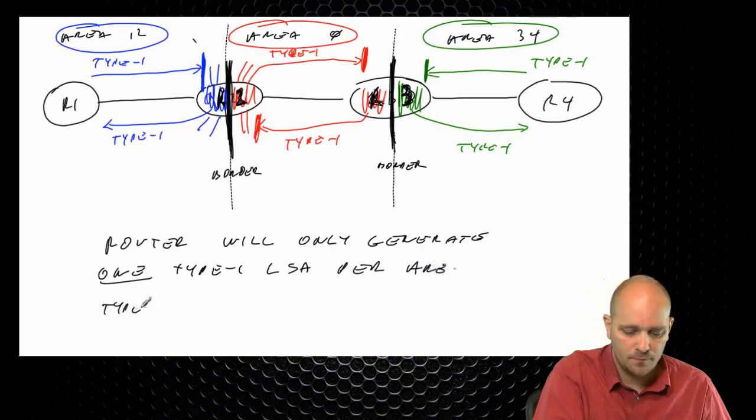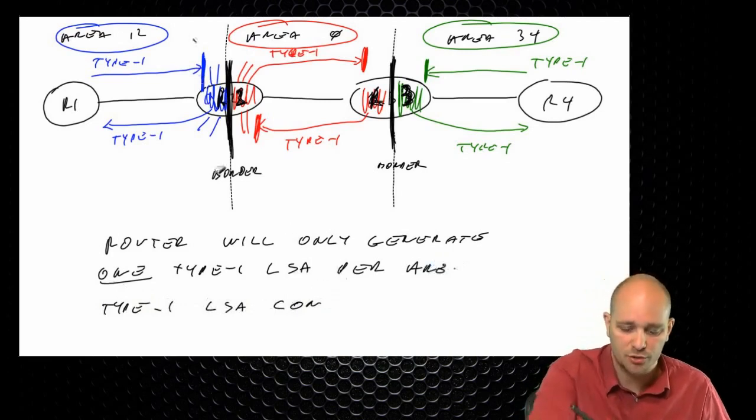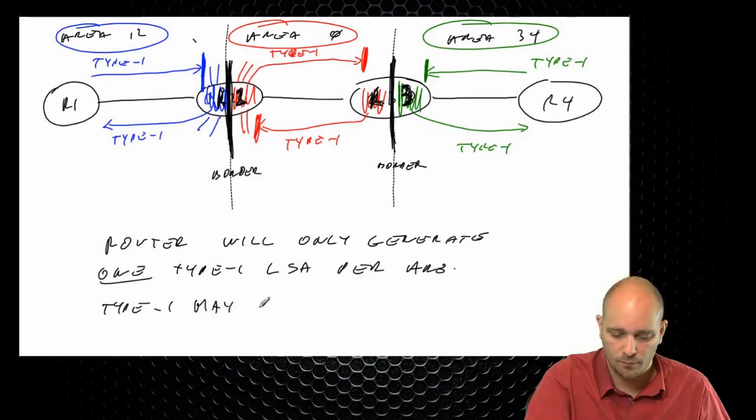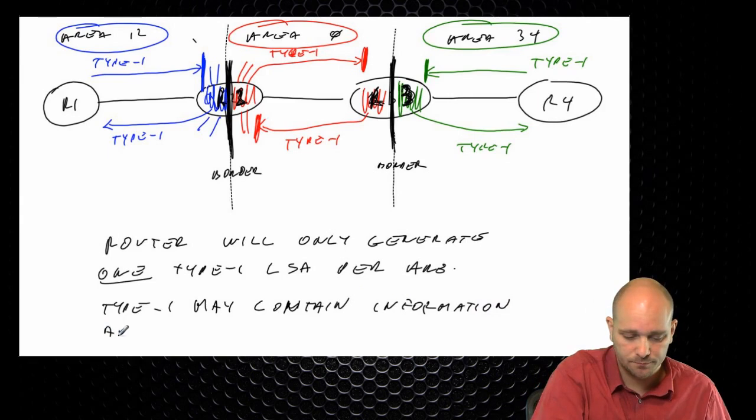Type 1 LSA contains, or may contain, I should say, information about multiple links.